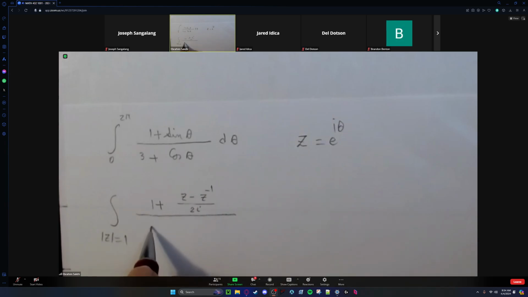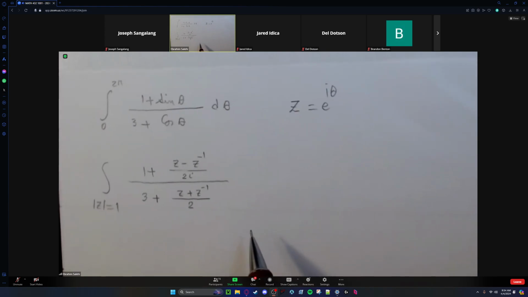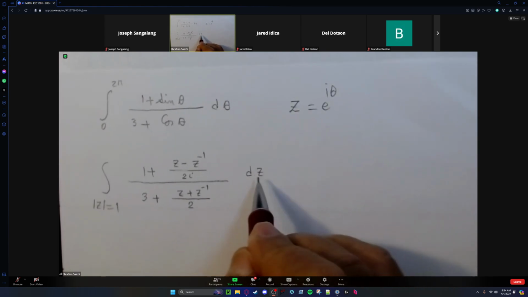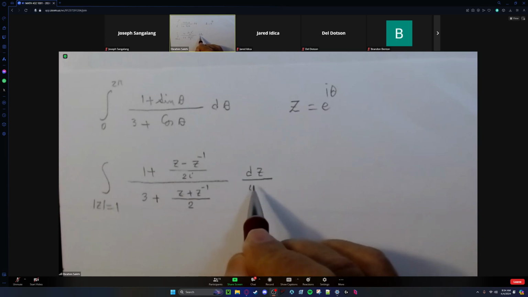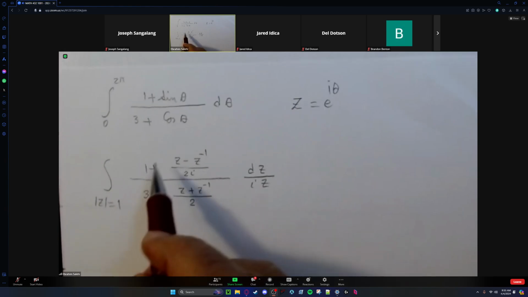Cosine will be z plus z to the negative 1, over 2, and this theta will be the z over i z, right? Okay, good. Now, of course, you need to simplify this.